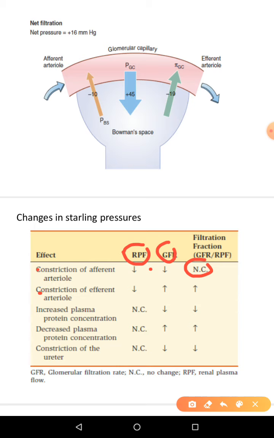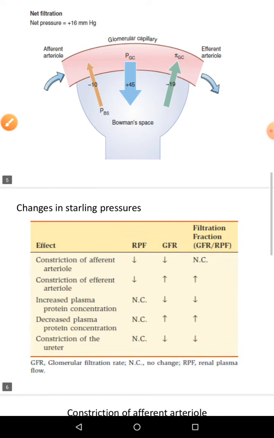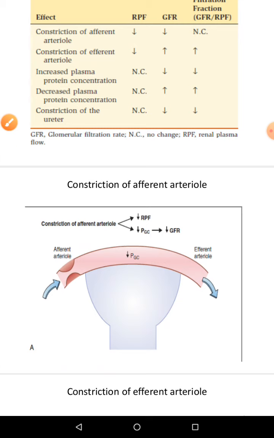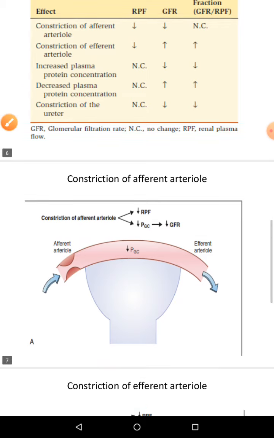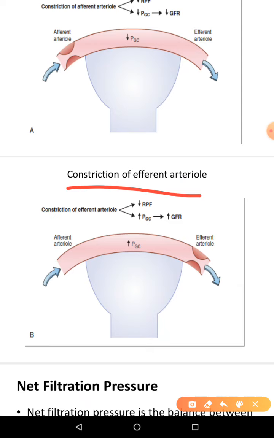And the filtration fraction will increase. Okay, so you can also look at these other parameters. These are the same things we're talking about, the constriction of afferent arterioles. This is what really happens. And then there's also constriction of efferent arterioles.